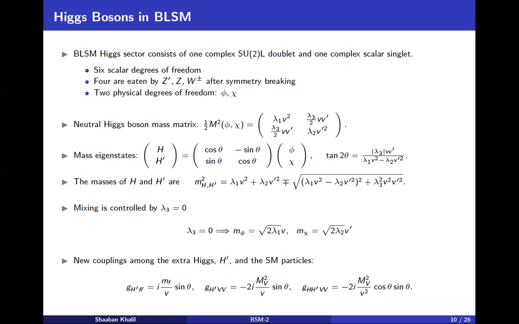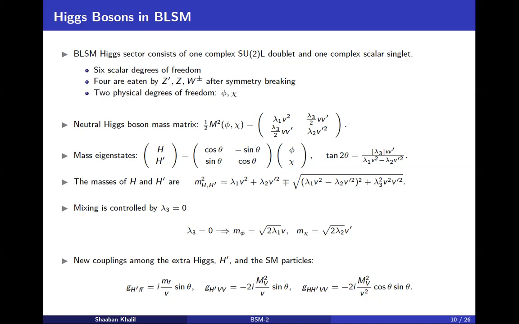You call it now in the final states, in physical eigenstates, not the gauge eigenstates, so phi and chi will go to H and H prime. We call H the standard model like Higgs, and H prime the B minus L one. These are the two eigenvalues with plus minus.